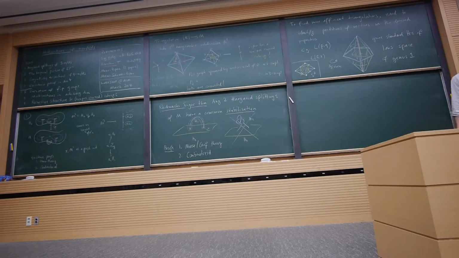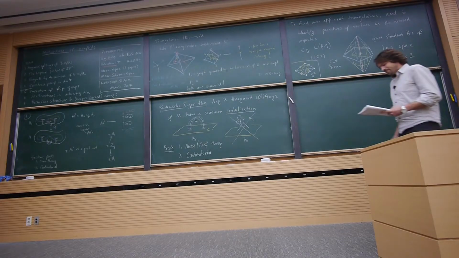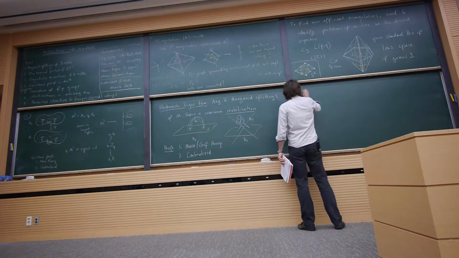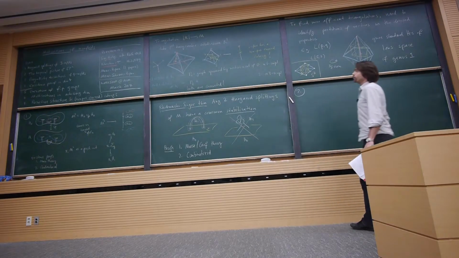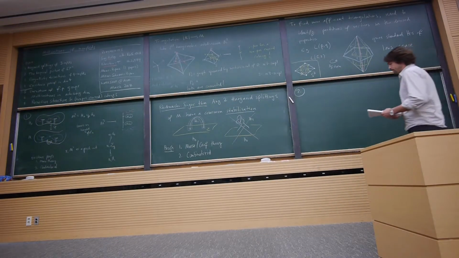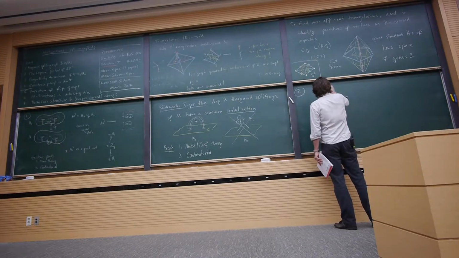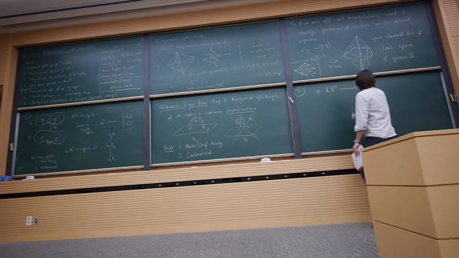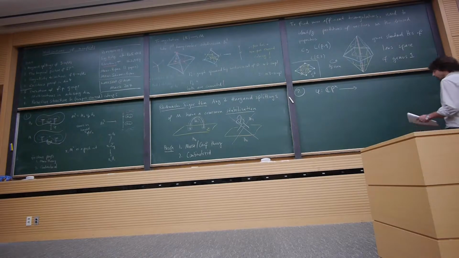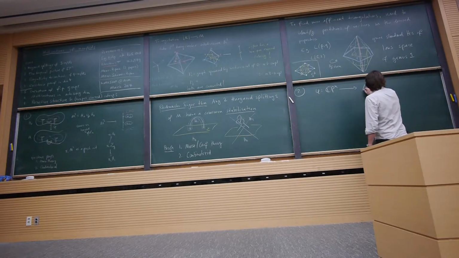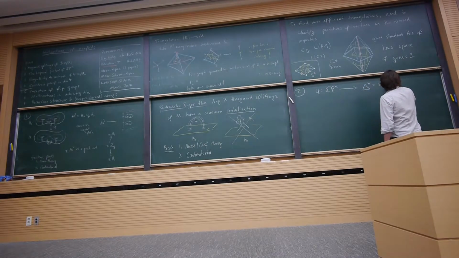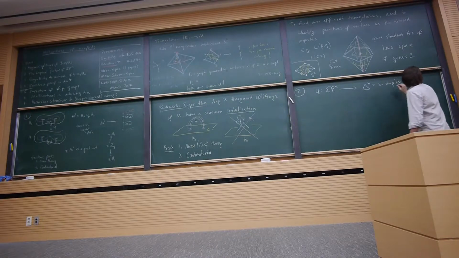Any questions? Or is this all too familiar? Okay. So anyway, let's talk about the tropical picture of CP^n. Yeah, so here is, I guess this thing is called the moment map. So you have this map from CP^n to the n-simplex. And how is it defined?